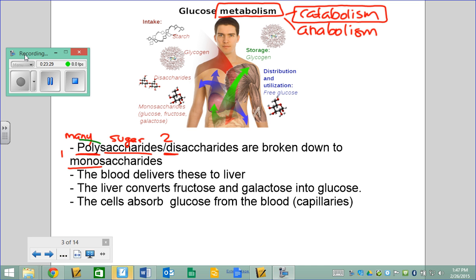If I'm talking about polysaccharides, I could talk about starch. I could talk about glycogen. Starch is something that a plant normally would have for a storage form, whereas glycogen is generally a polysaccharide that you would find in animals.